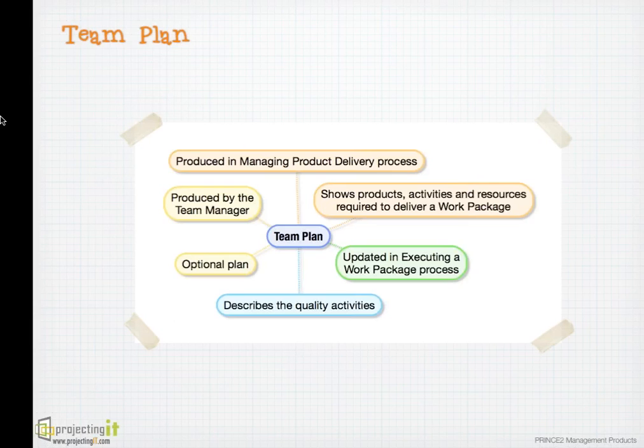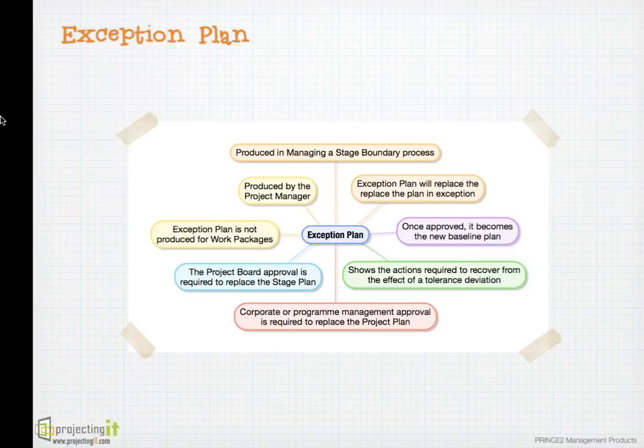Exception plan is an optional plan. It's not one of the levels of plans. However, if a project or a stage plan is forecast to exceed tolerance, the project manager goes to the board and briefs them about the problem using exception report.